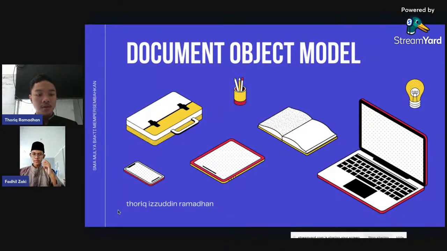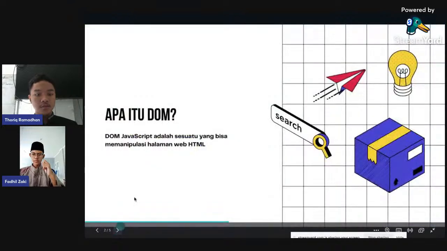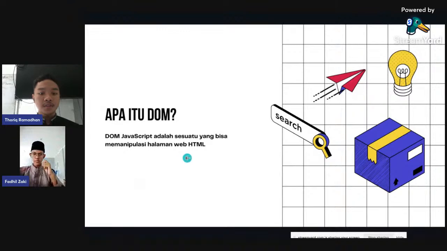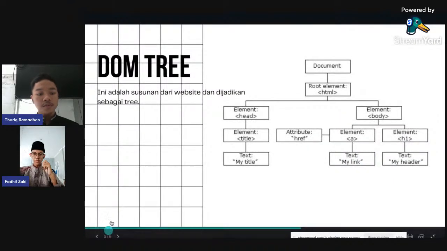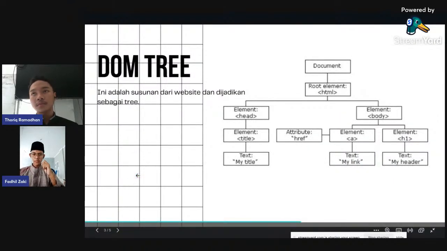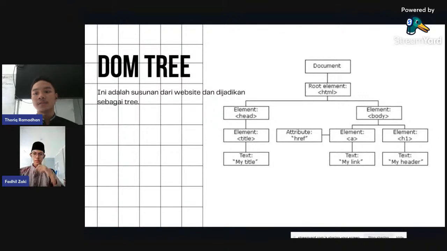So what do you guys know here? Let's get into what the DOM is. The DOM in JavaScript is something that can manipulate the HTML web. On a website, HTML is the structure of the website, and CSS, cascading style sheets, is for the styling.